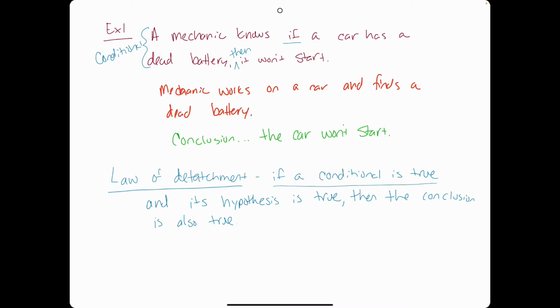If a conditional is true, then it says, and its hypothesis is true. So here we have a statement that happens to be the same as the hypothesis of the conditional. So the mechanic found the dead battery. Yay. So then that also is going to mean that the conclusion must be true. Right here is the conclusion. The car won't start.